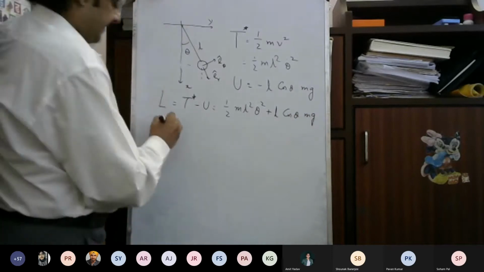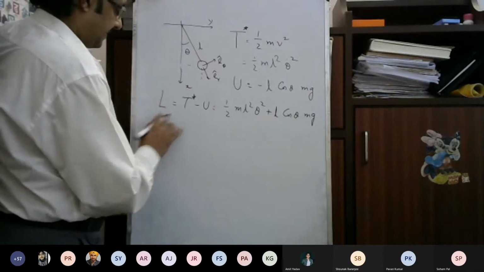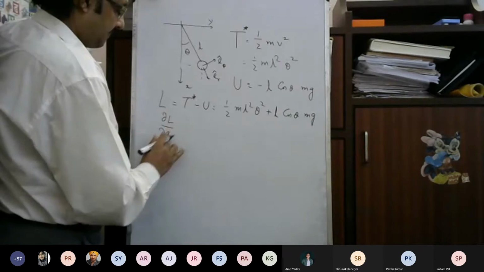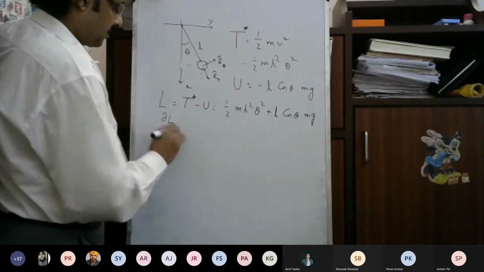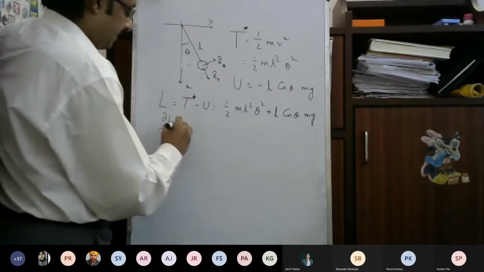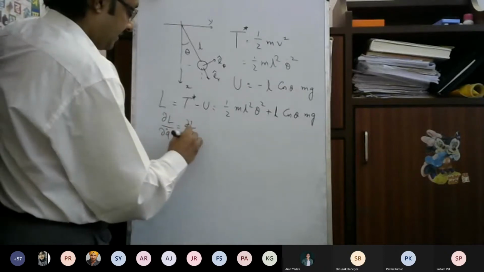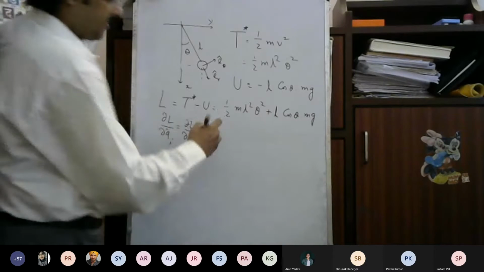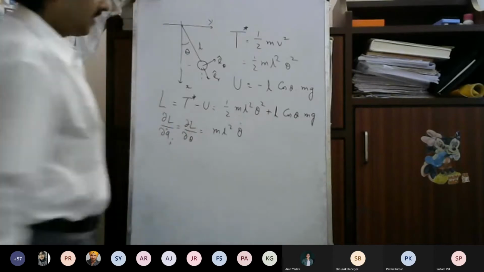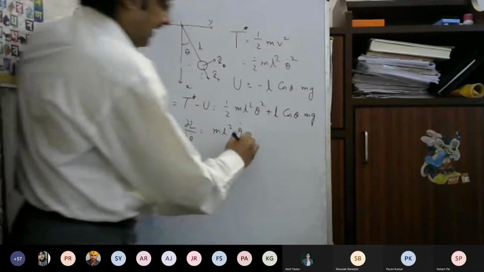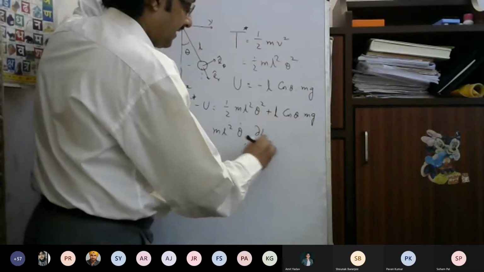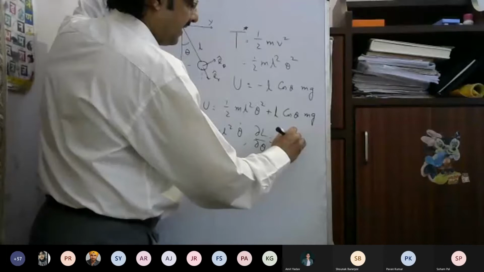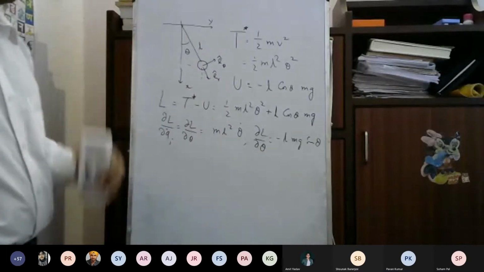Then we'll have to take the derivatives, that is del L del Qj dot. Here del L del theta dot is equal to m L square theta dot, and del L del theta is equal to minus L mg sine theta.